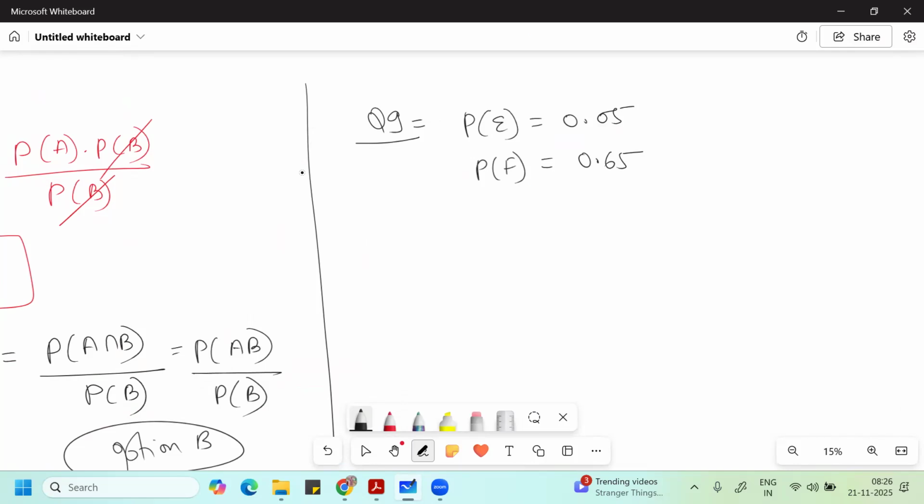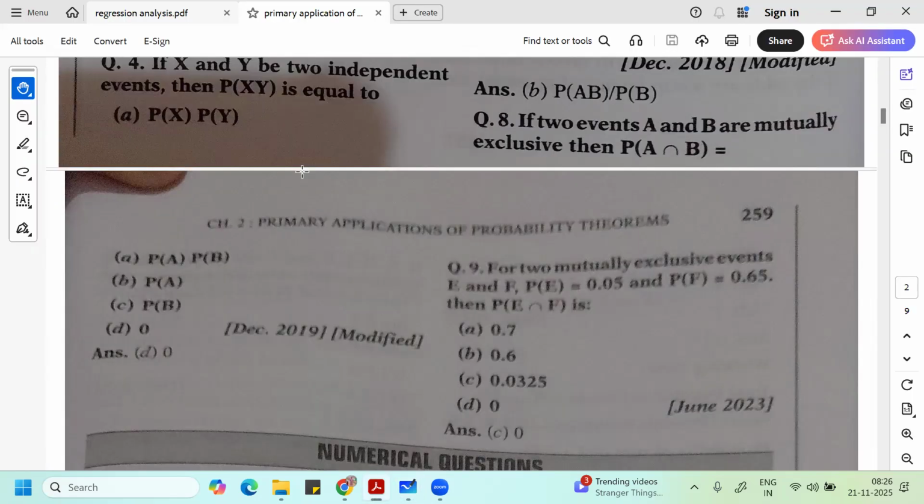So E intersection F would be equal to 0. Intersection means both happening together, and they cannot happen together. The answer of question number 9 would be 0.